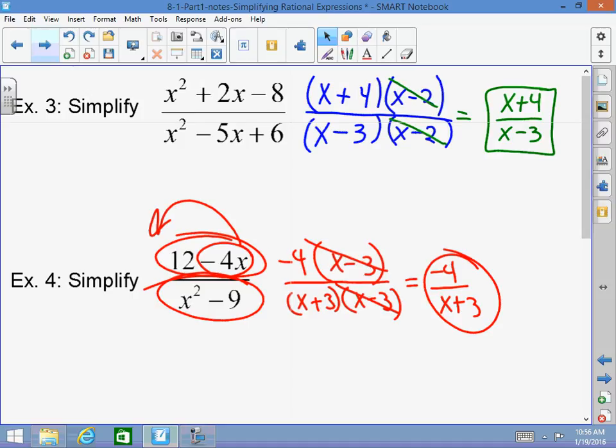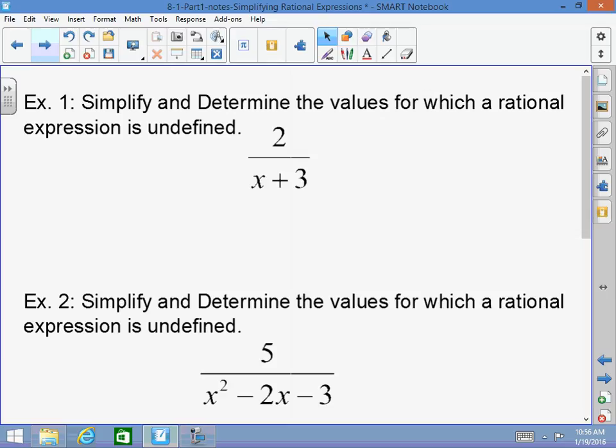Thank you, sir. Okay, now, next thing we have to learn in this lesson. Not only do we have to simplify, but we have to know how to recognize what are called undefined values.